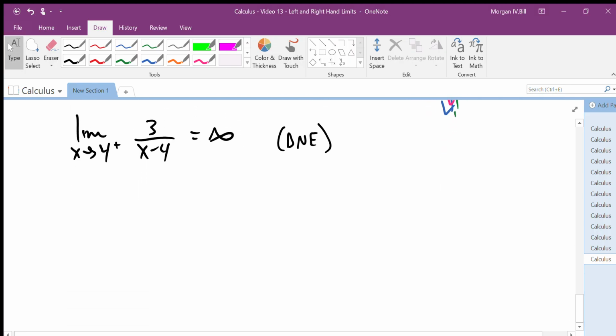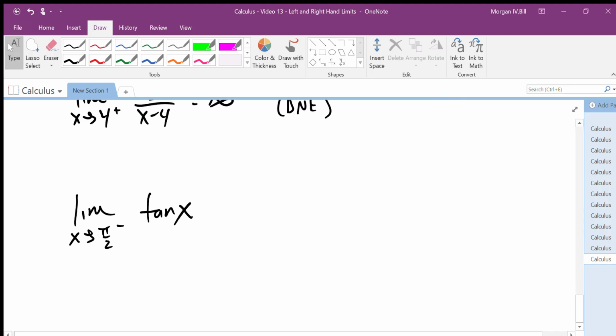How about maybe one more? The limit as x goes to pi over 2 from the left of tangent x. Really, I want to remind you of some of these trig functions and their graphs. You should know what the tangent of x looks like.